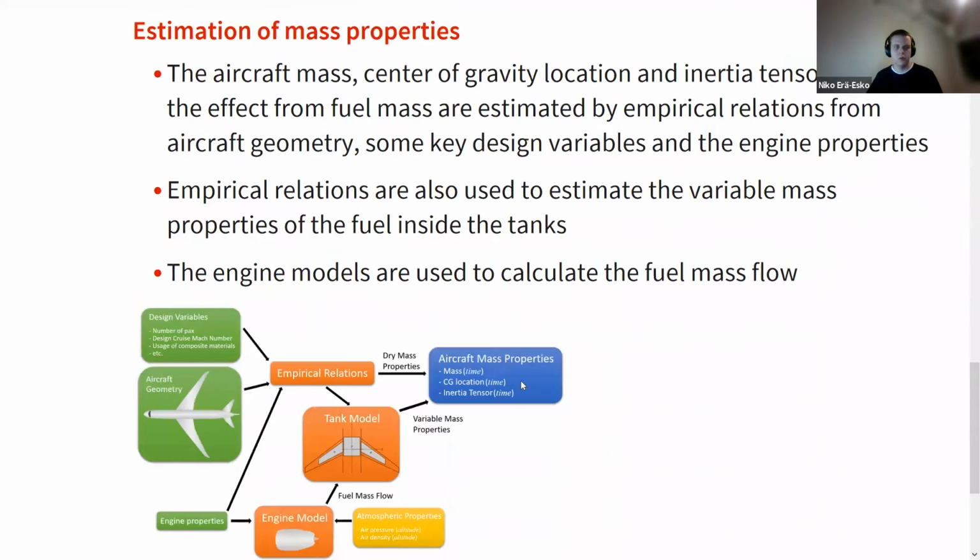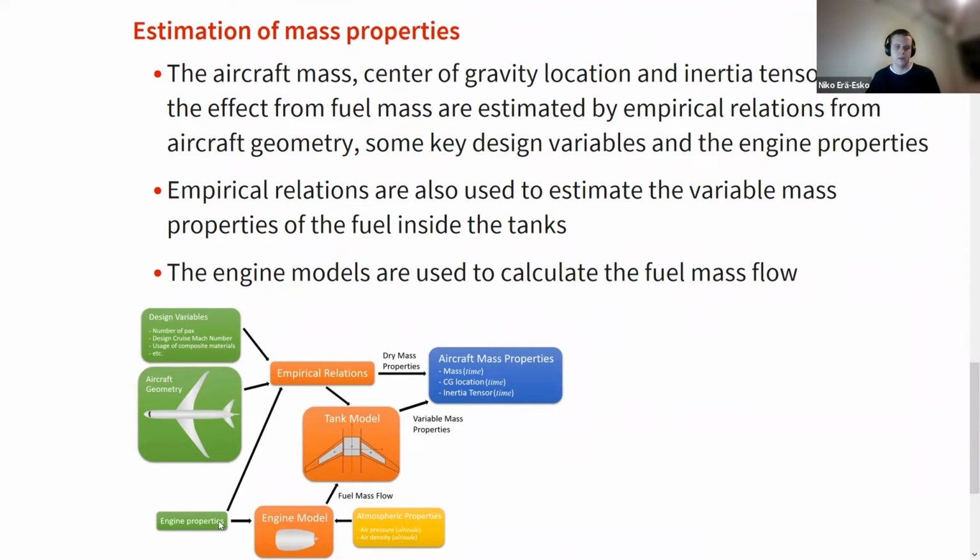Then when we move on to estimating the mass properties, there on top of the aircraft geometry, we need some design variables of the aircraft design that are, for example, the number of passengers, the design cruise Mach number, whether we use composite materials or not, and so on.